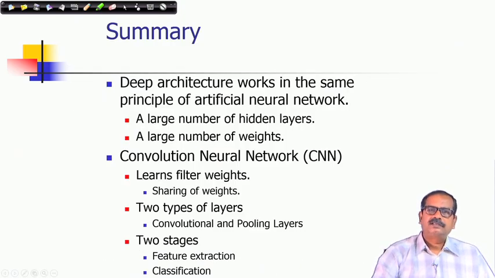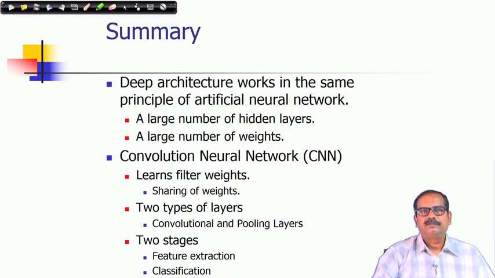So, let me summarize the topics we have covered under deep neural architecture and its applications. Deep architecture works on the same principle as an artificial neural network, but it has a large number of hidden layers and a large number of weights.